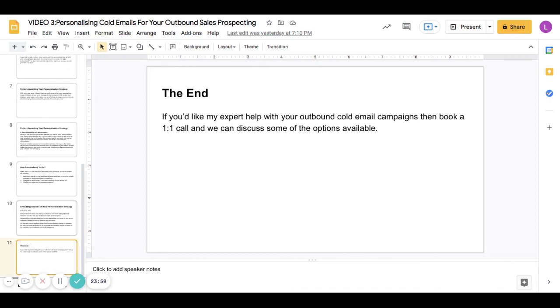So I'm going to do that in another video, the tactical side of it, but I thought this would be really useful, because if you don't understand the high-level strategy behind personalising cold emails, the tactical stuff is never going to be as effective as it could be. So hopefully this will make the tactical stuff even more effective when it comes to personalisation.